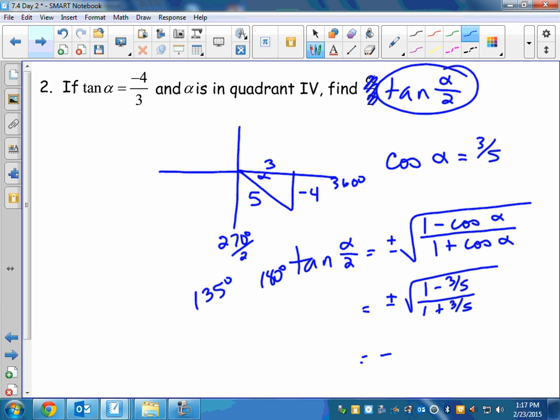Take 4, take 45 by 2. Right, I don't know if that works with the odd ones. 1 minus 3/5 would be 2/5, yes? And 1 plus 3/5 would be 8/5. Let's see if this works, kids.